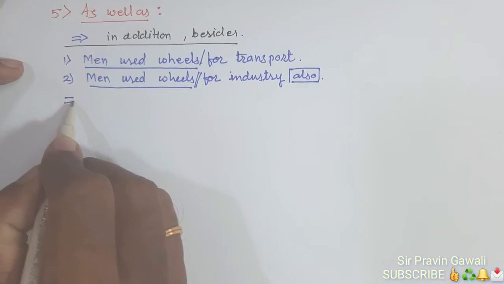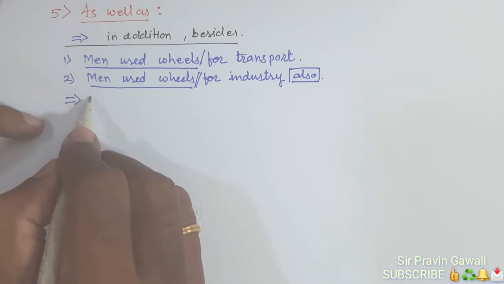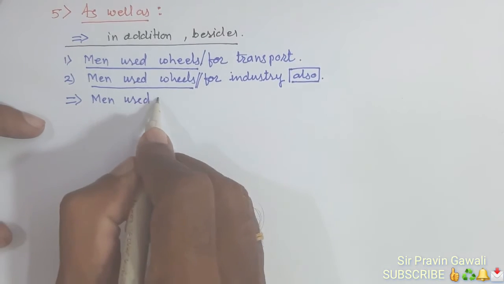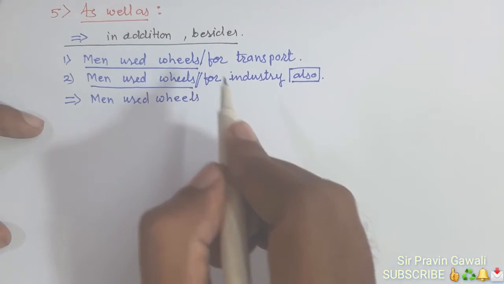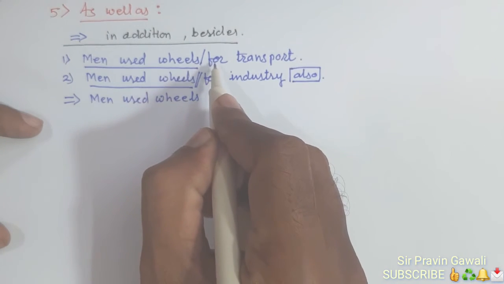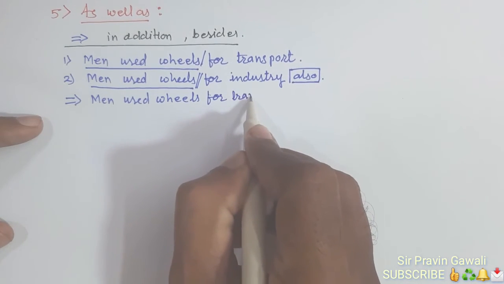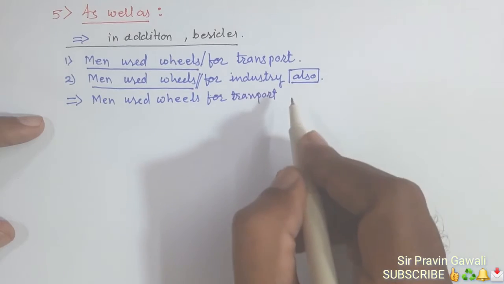The construction of the sentence will be like this now. First of all, we will write the similar part: men used wheels. Okay. Now, we will write for transport. Okay.